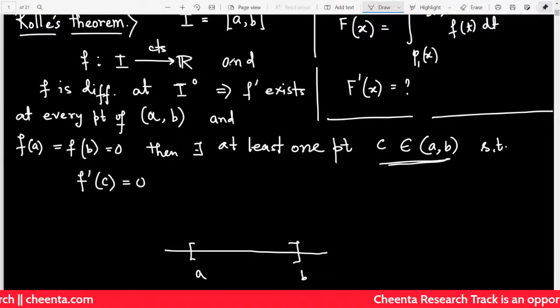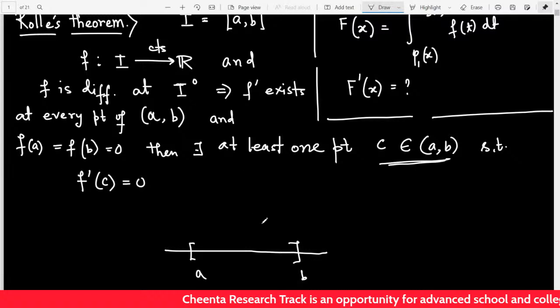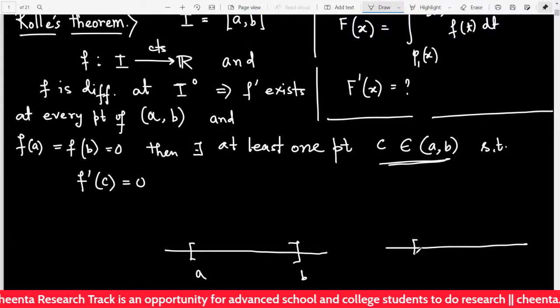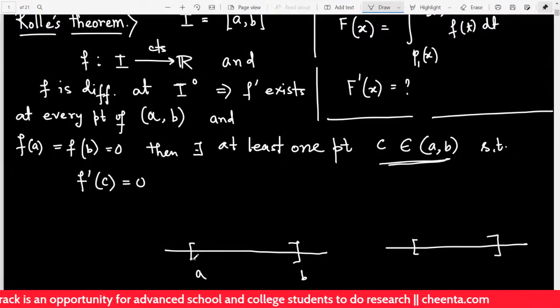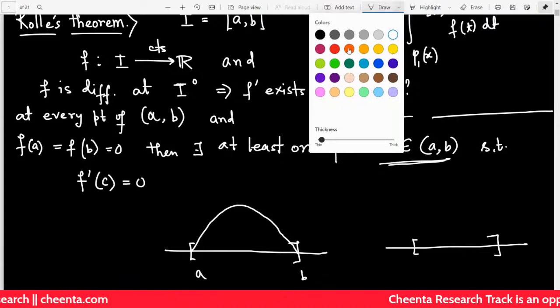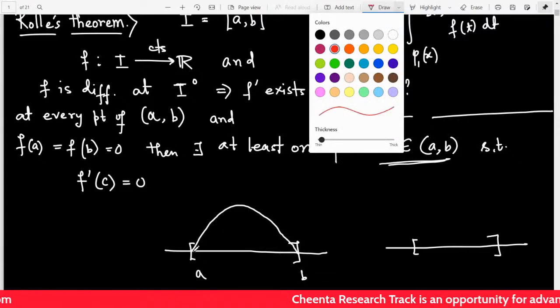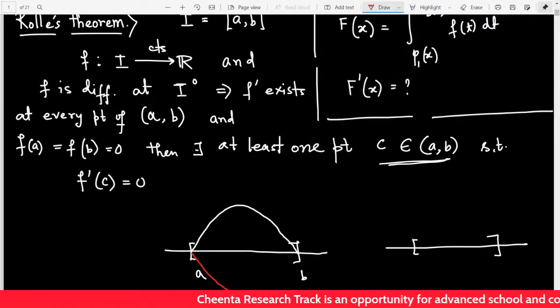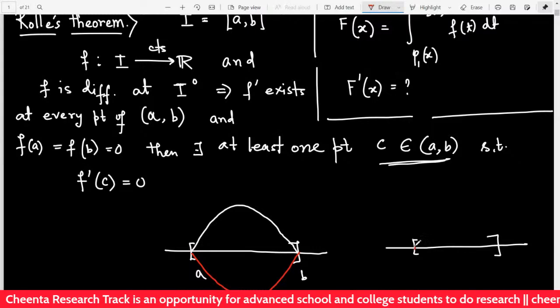It always attains both. Okay, so suppose then what might be the possibilities of these types of functions? If f of a and f of b are 0, then it might be either this, so this is one type, or like this, or it can be like this.